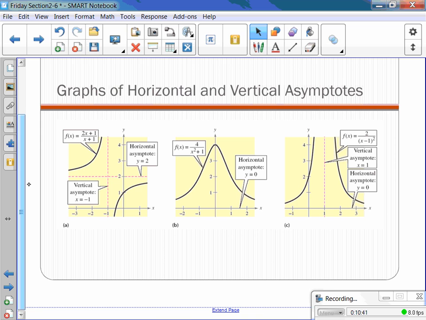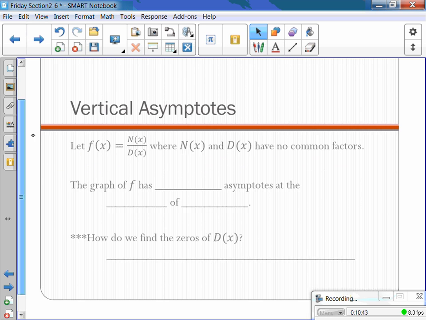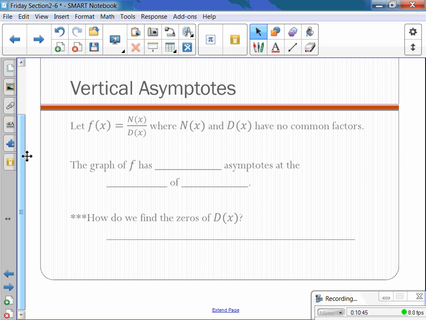Vertical asymptotes. Okay, we have our f of x equals n of x over d of x, with no common factors. A graph of f of x has vertical asymptotes where?